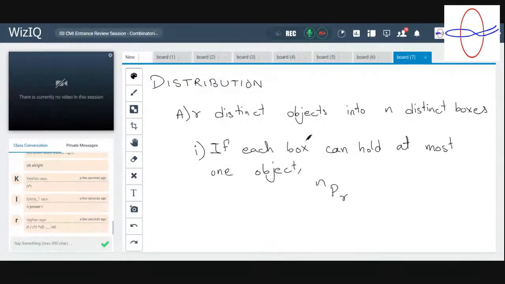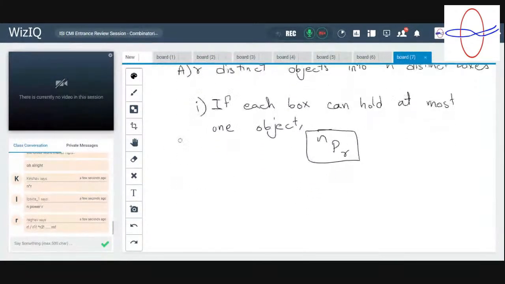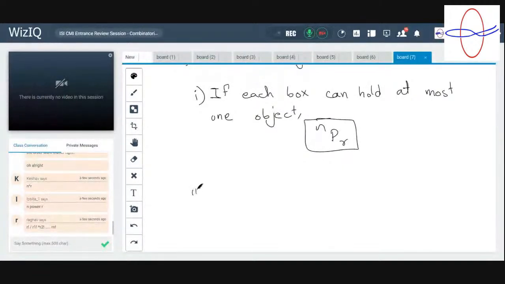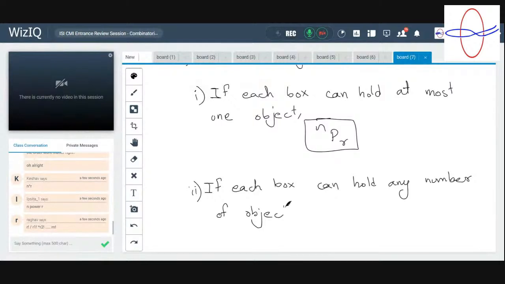Yes, I'm not going to write number of ways to distribute every time. So that's nPr in this case. Okay. Subcase 2 arises when each box can hold any number of objects. In this case, your answer is n to the power of r.